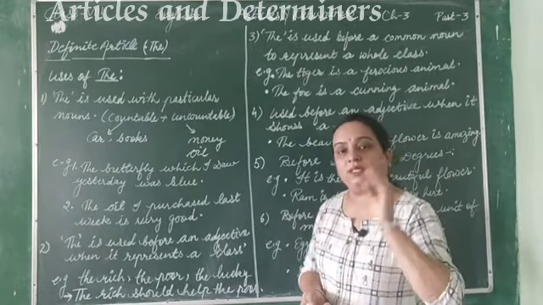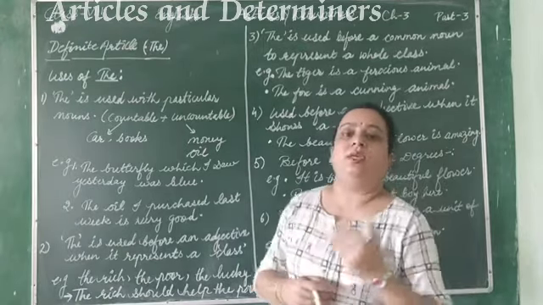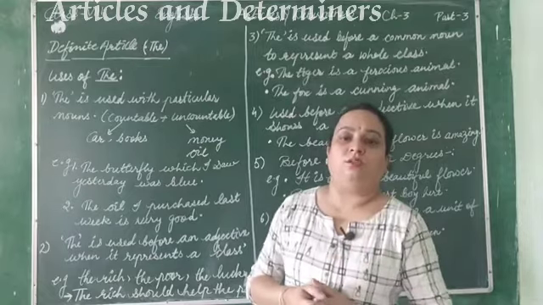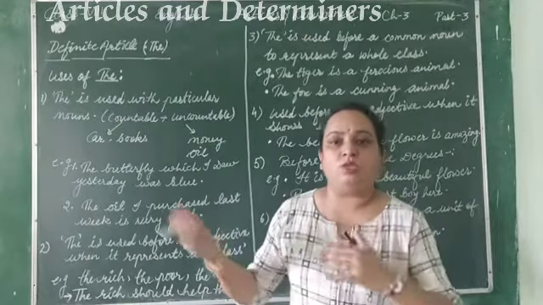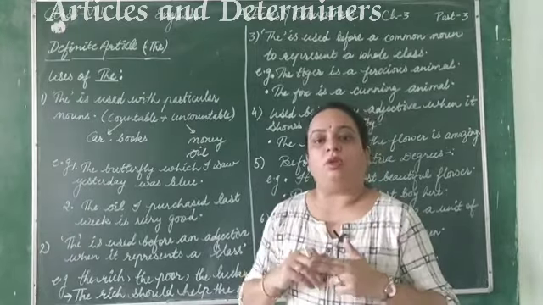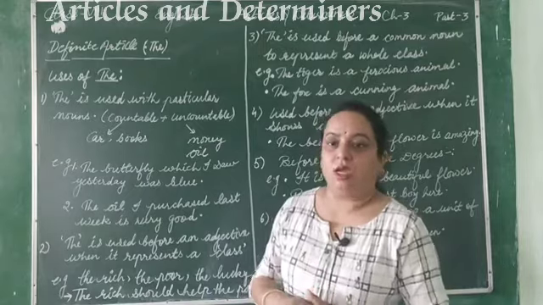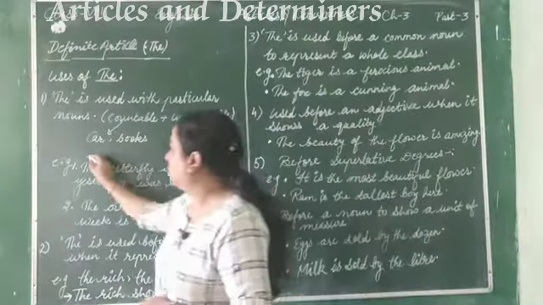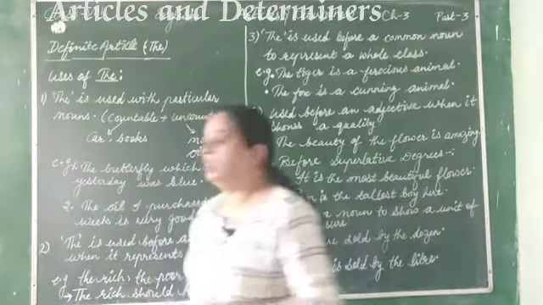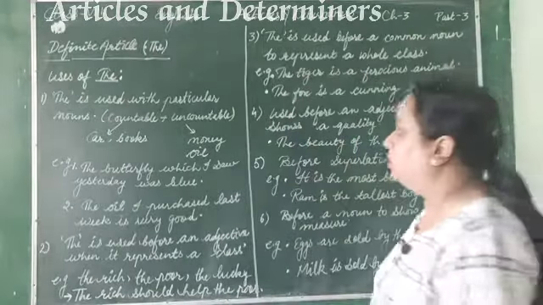So it has become particular: the butterfly which I saw yesterday was blue. Otherwise I see many butterflies, right? But I am talking about that special one which I saw yesterday. Clear? That is why I am using the here.